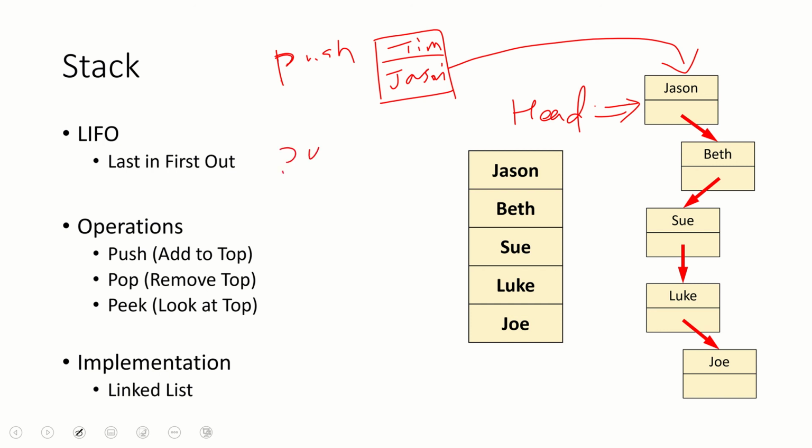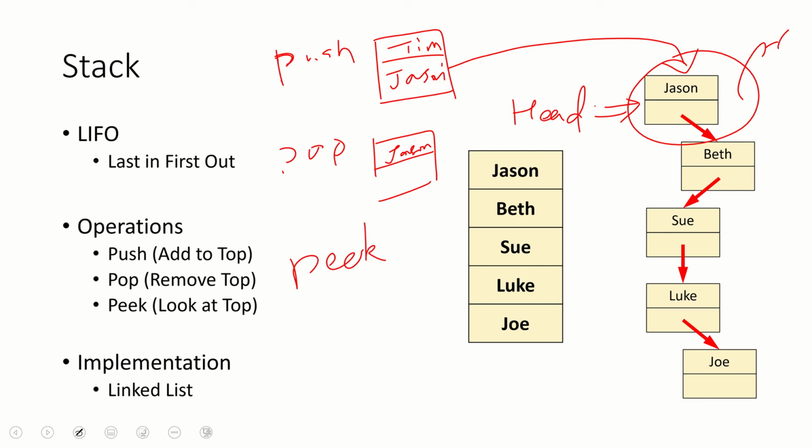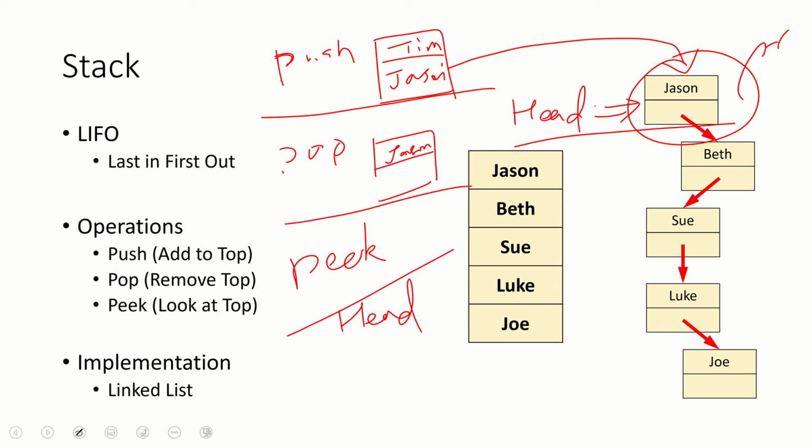If we want to do pop, for example, we want to pop Jason out, then it's just popped out. For the peek, we just need to know the head of the linked list, right? So these three operations, can you relate them to the linked list methods?